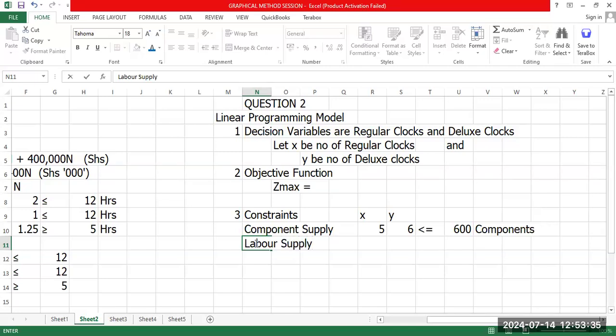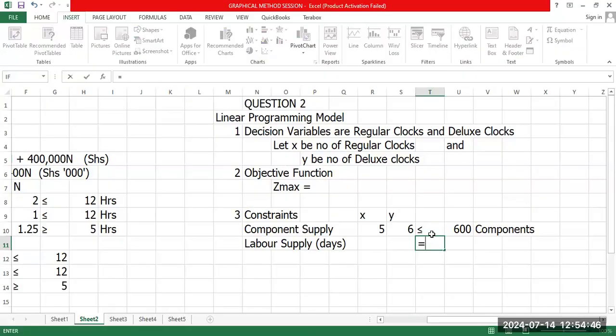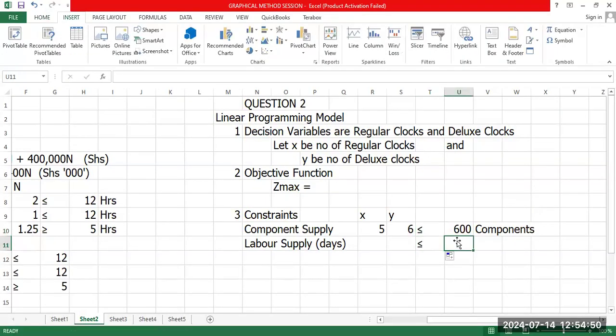The only days available. And for available, we use less or equal to. And we have 160 man days.